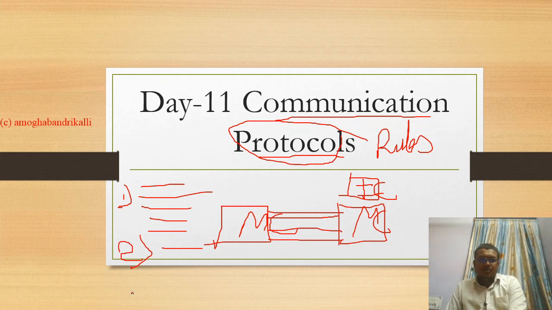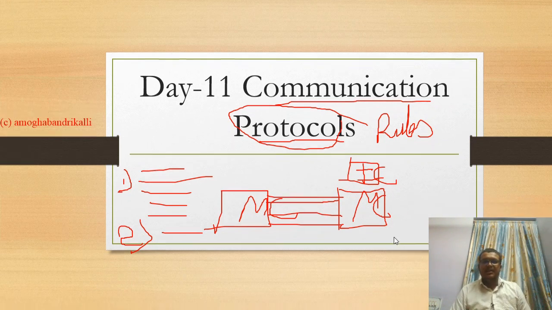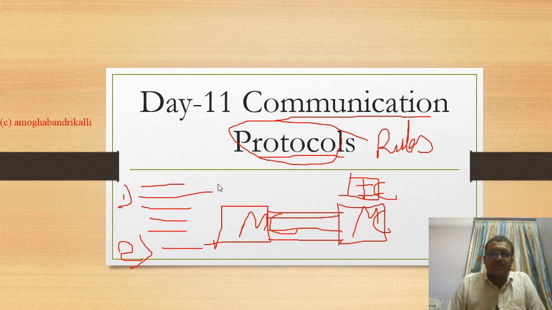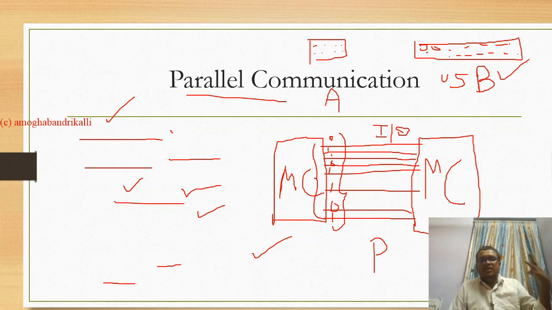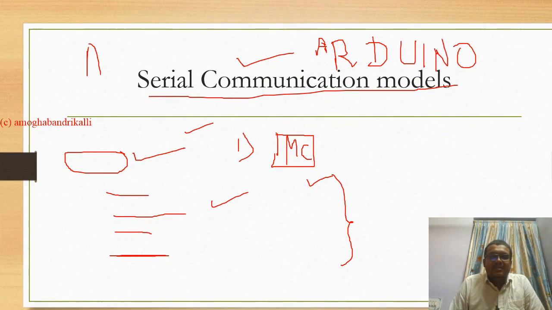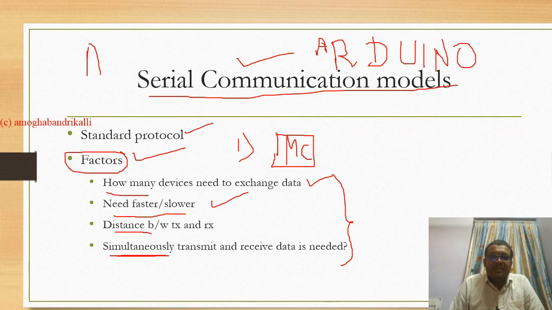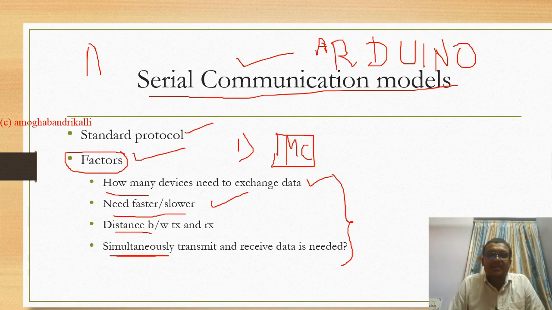So that's it for this video, guys. Here we started with what a serial is, what communication protocols are, and why we need protocols. We saw what parallel communication is, where you send all the data in parallel, its advantages and disadvantages, what serial communication is, and the factors that decide what type of communication we need.